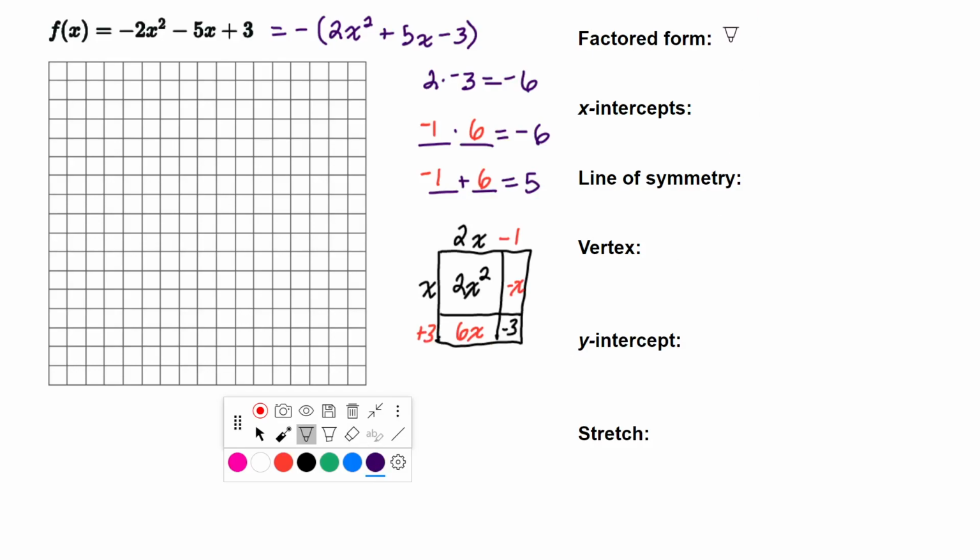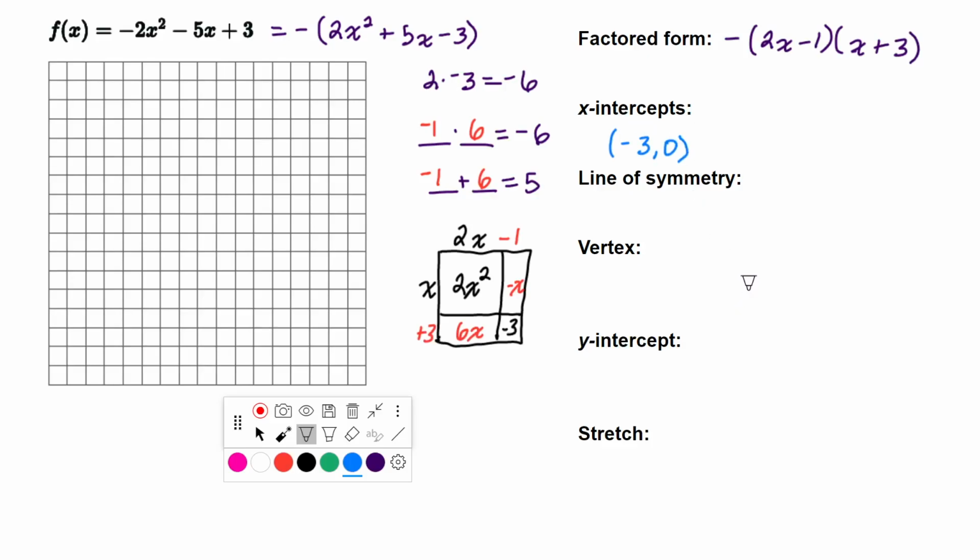So our factored form is a negative that we factored out, 2x minus 1 times x plus 3. One of the x-intercepts is going to be negative 3, 0.